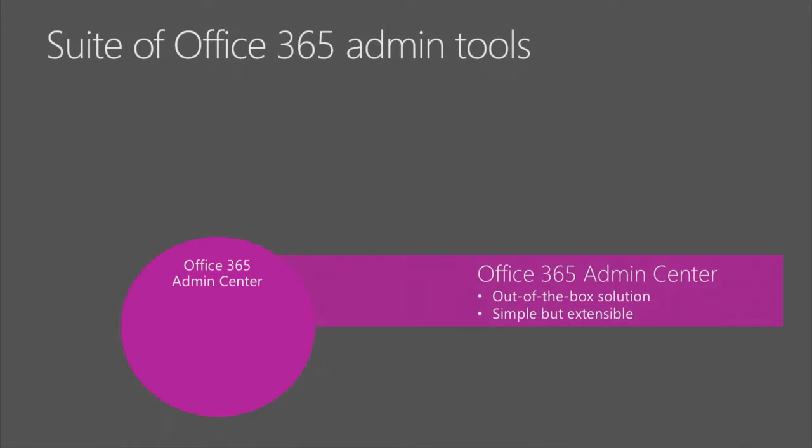You sign up for a tenant, you get a website where you can go and administer Office 365. The basic Admin Center gives you entry points into each individual technology or workload. You can manage some of the centralized components of Office 365, your licenses, your subscriptions, and the customization of themes if you want to get down into that.